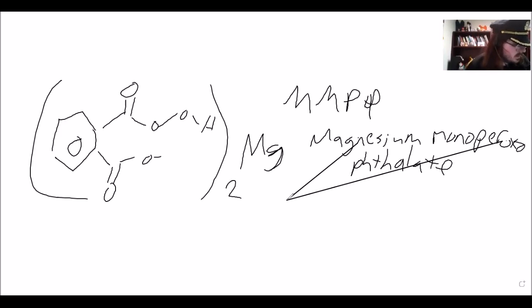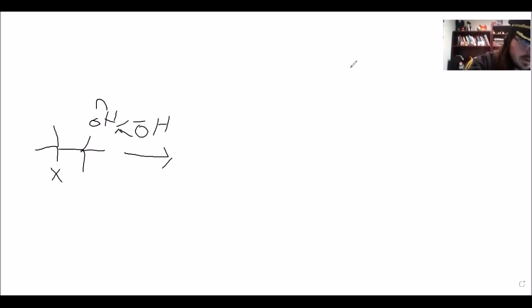We can also occasionally see a base promoted cyclization of a halohydrin. It's another way we can form this. So remember what a halohydrin is: our alcohol group adjacent to the halogen group, and then some base deprotonates that. The lone pair goes here.